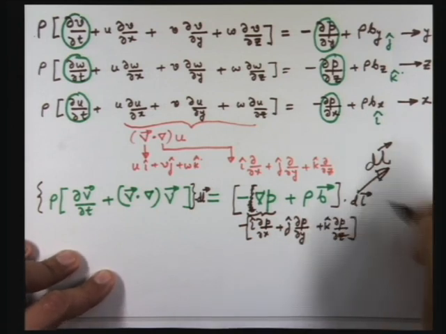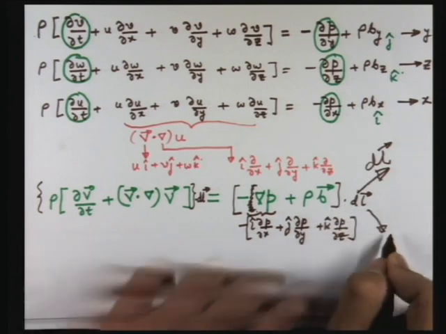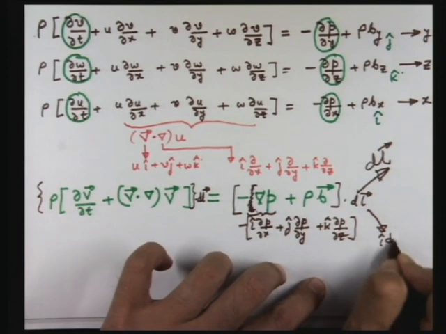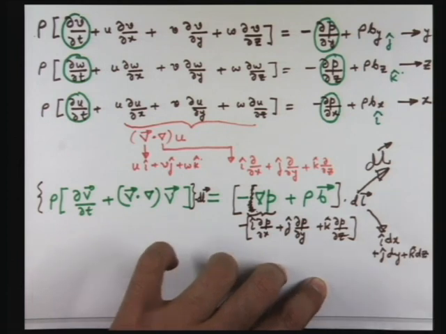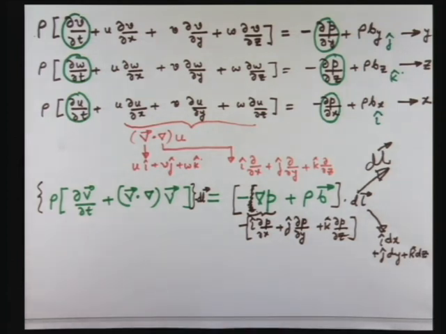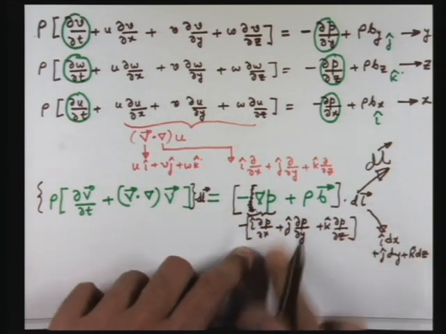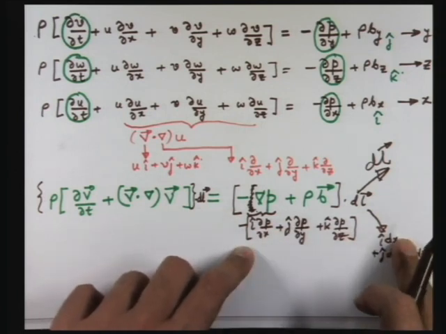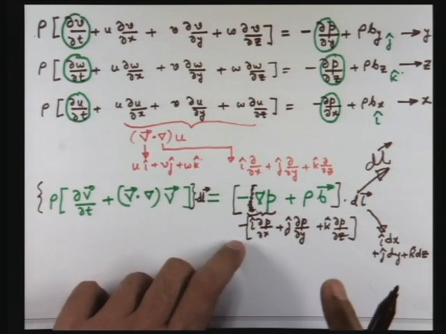And what is this dl? i dx plus j dy plus k dz, right? So if you take the dot product of these two, it becomes del p del x dx plus del p del y dy plus del p del z dz. That means dp.